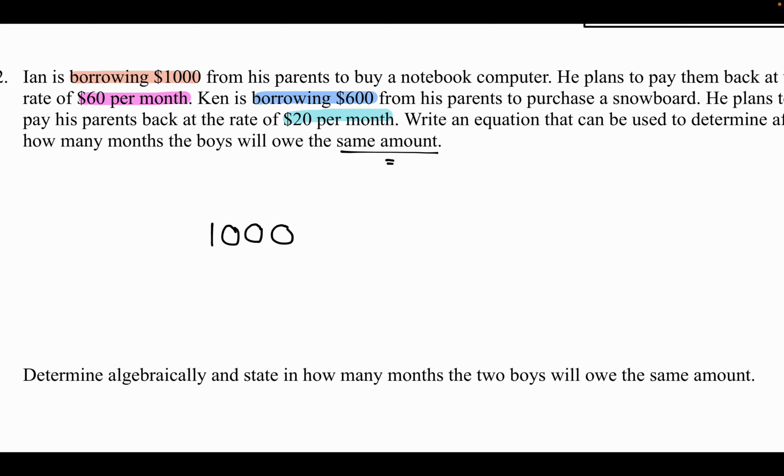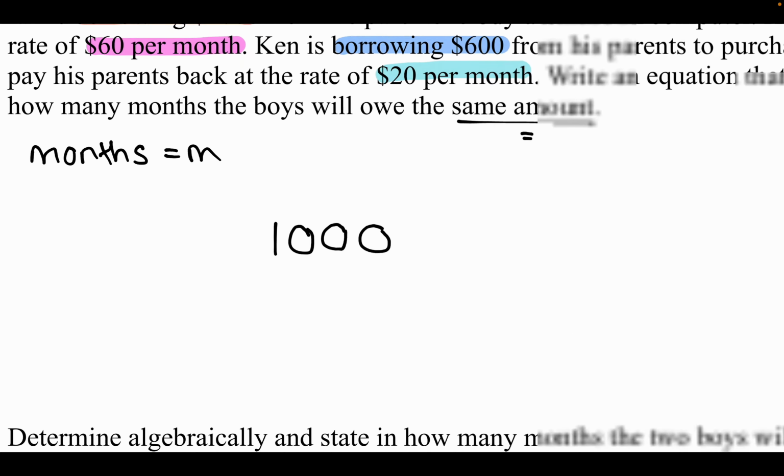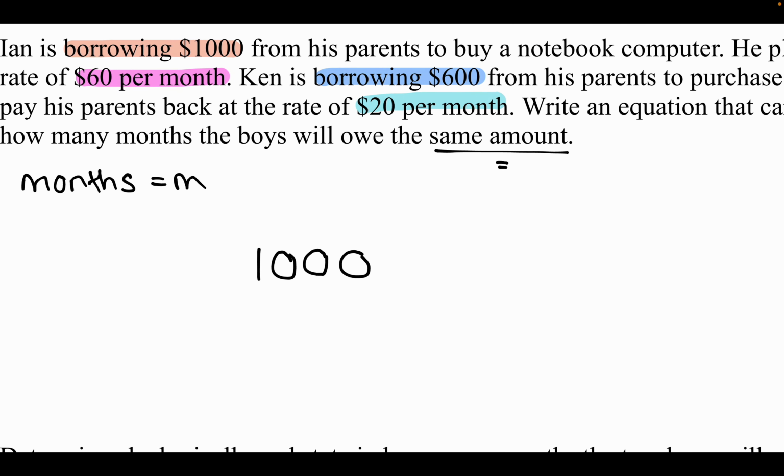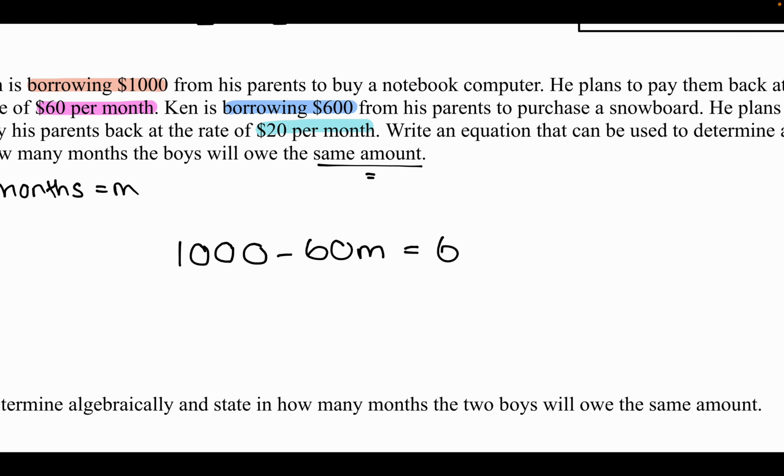And if he's paying his parents back at $60 per month, we're going to call the months M. The months equal M. So that would be 1,000 minus 60M every month. And we would set that equal to Ken, who's borrowing $600 to buy his snowboard and paying his parents back at $20 every month.